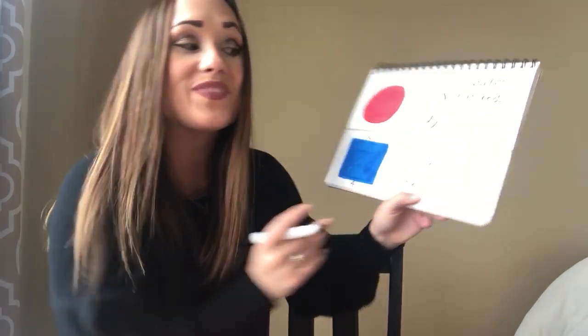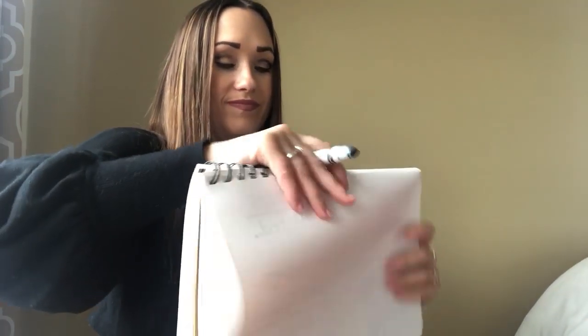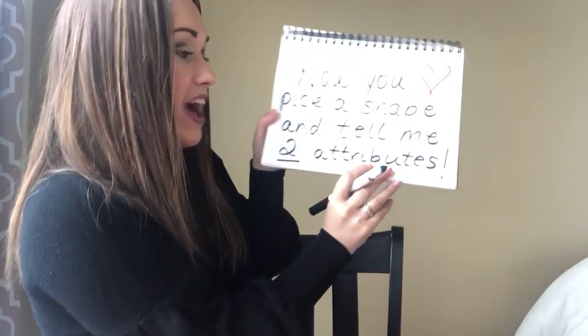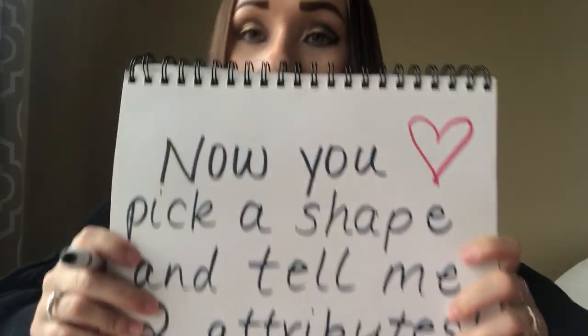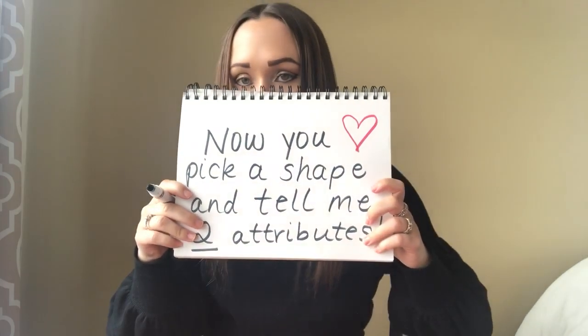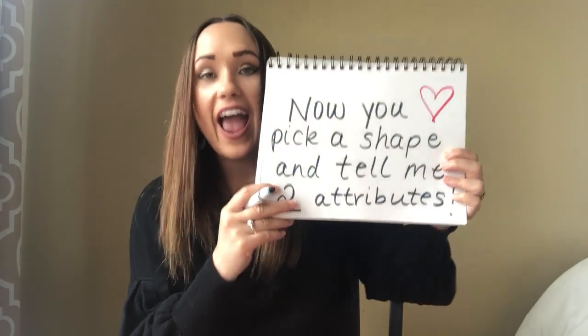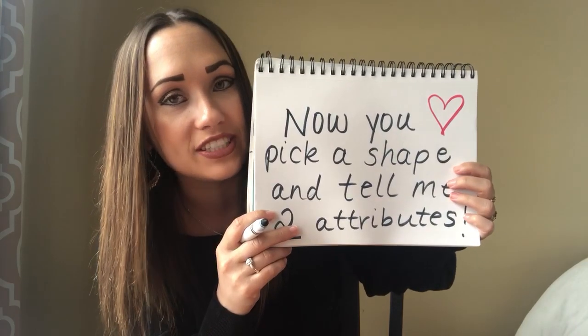Okay? So now what I want you to do, so now you can pick a shape and tell me 2 attributes. I want you to pick one shape, it could be your favorite shape, and then color it your favorite color or any color you'd like, and then tell me how many sides there are, just like how me and you just did, right?